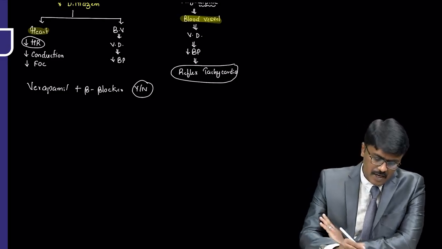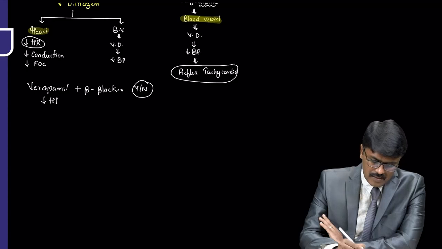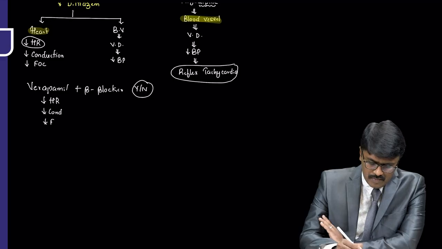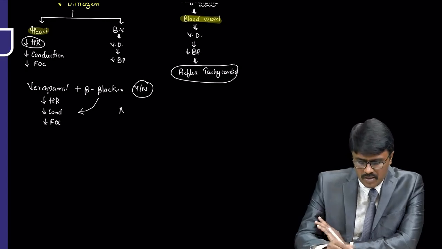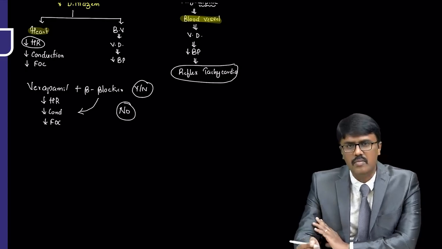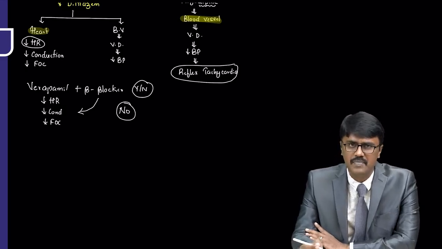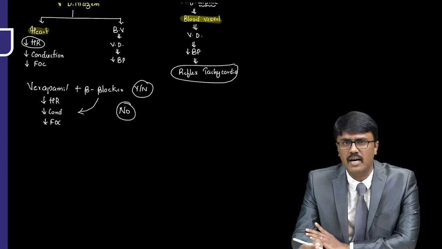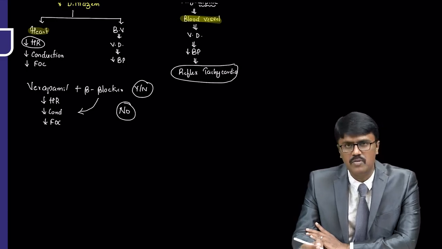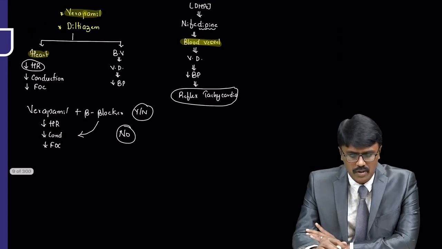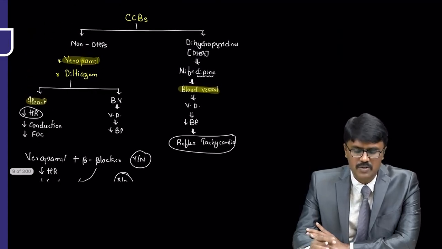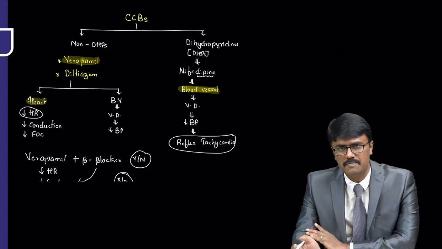Now verapamil also decreases the heart rate, conduction, force of contraction. So same thing is also done by beta blocker. So the combination should not be used. No, because both of them will cause bradycardia and AV block. And severe bradycardia and severe heart block can happen. Never use them together.